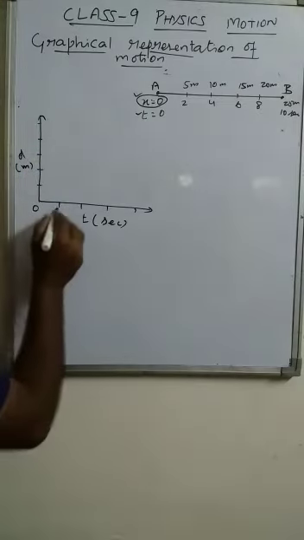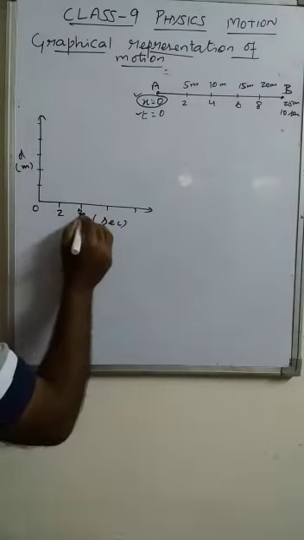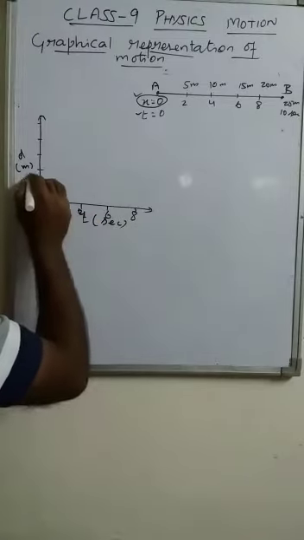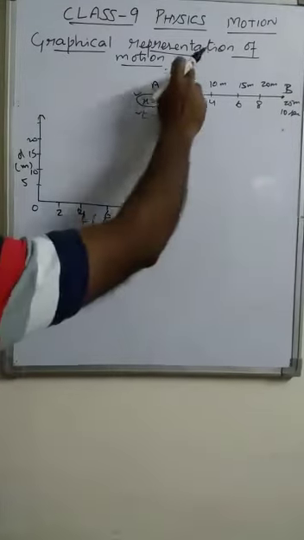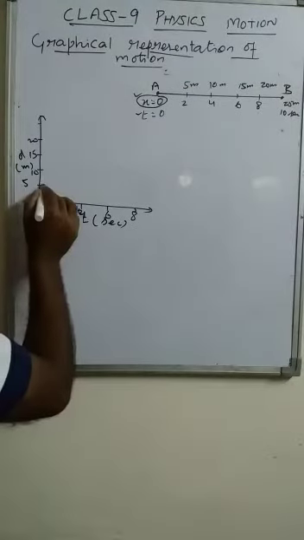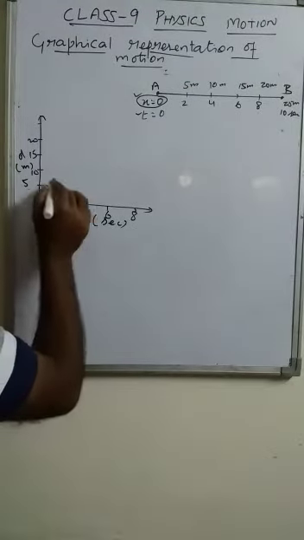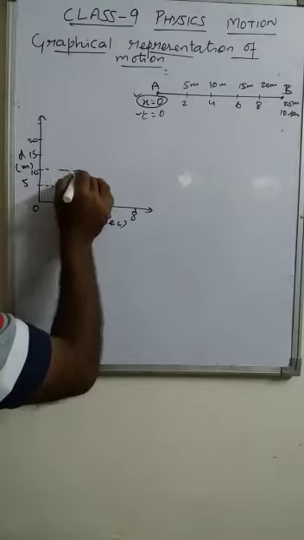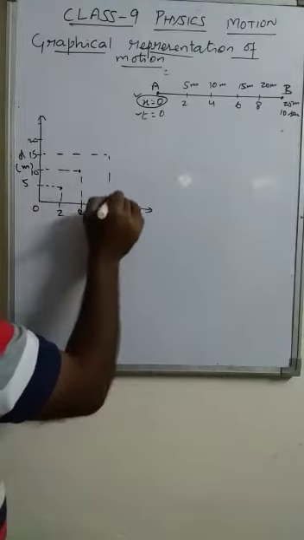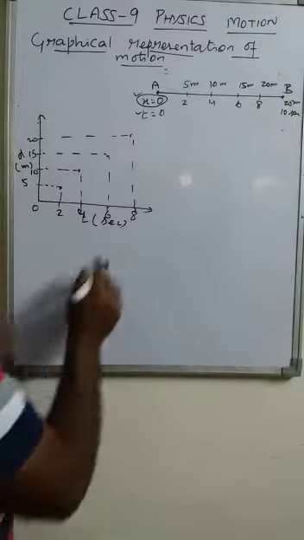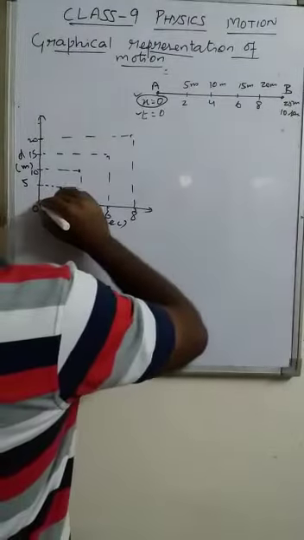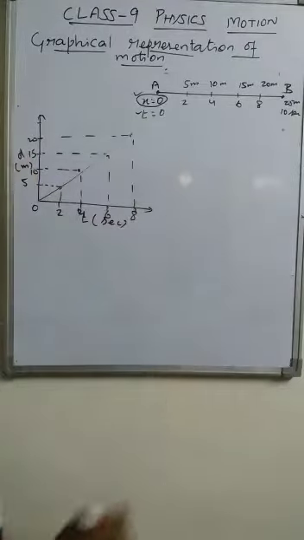If we put the points, for 2 seconds 5 meter, put the point like this. In this way, if we note down the points and join all the points, we get a straight line.